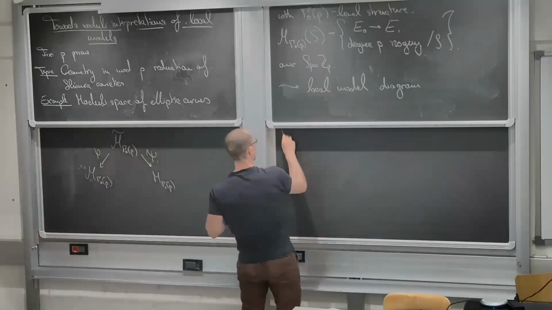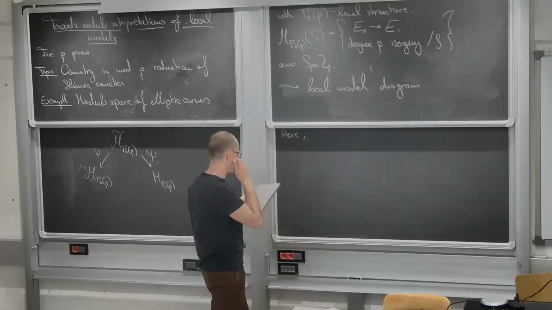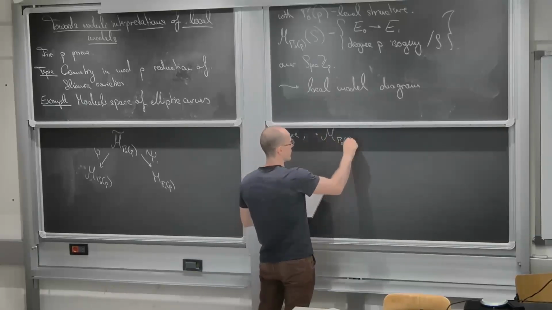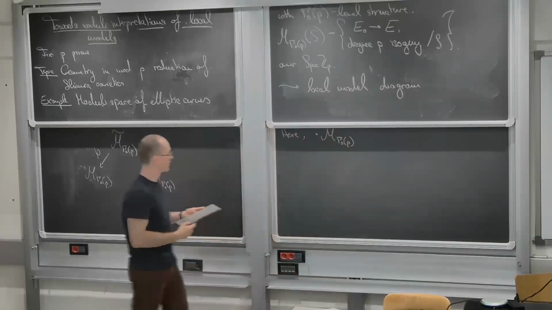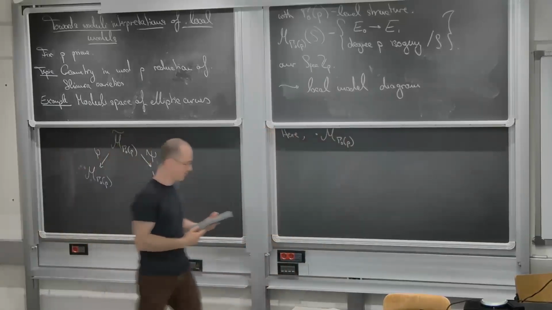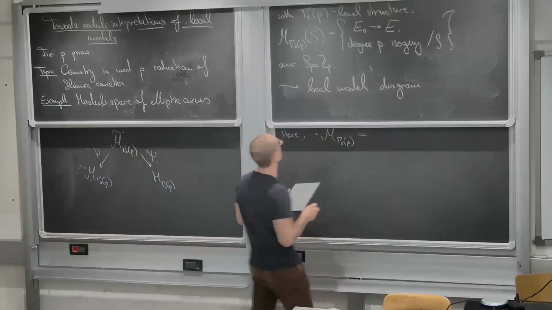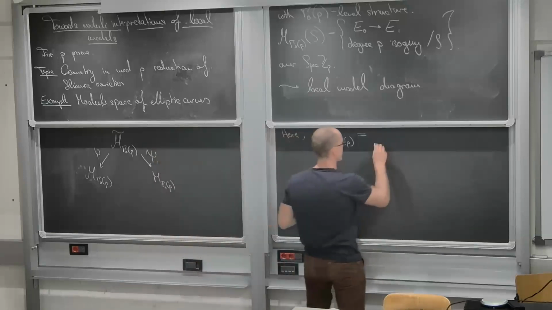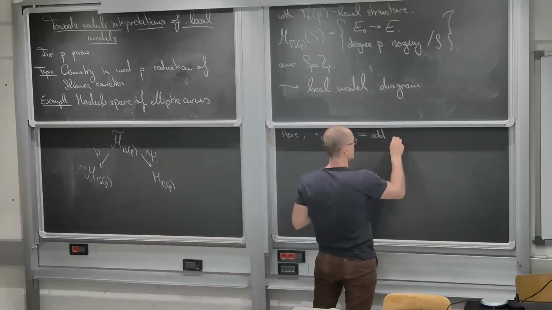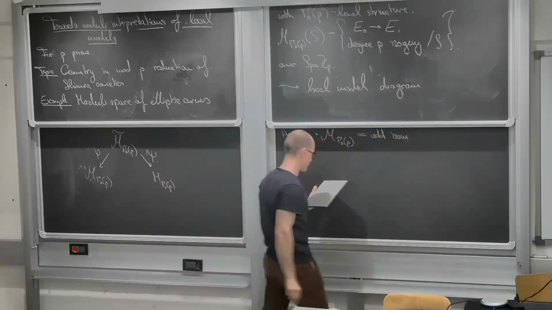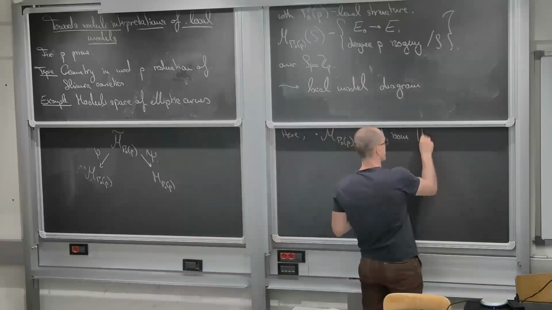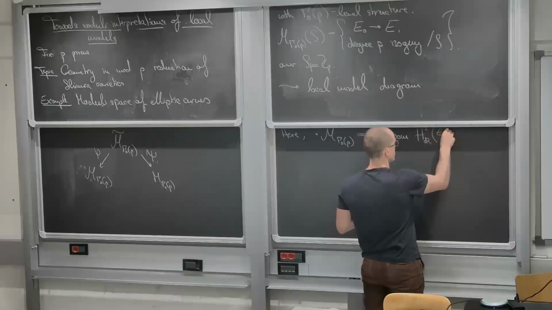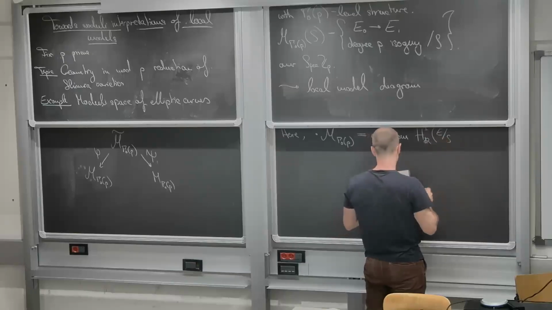So here, first this curly M with the tilde. This parameterizes the same data as our curly M without the tilde does, but you add an isomorphism, or more precisely a trivialization, of the first de Rham homology, the first relative de Rham homology of the chain.